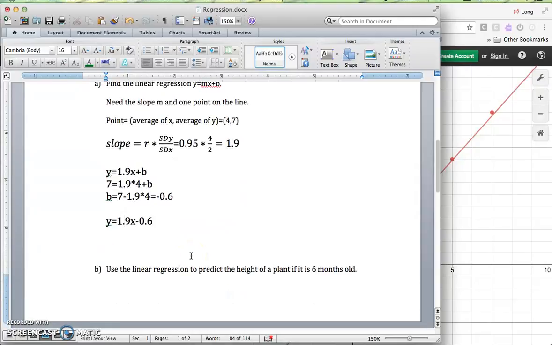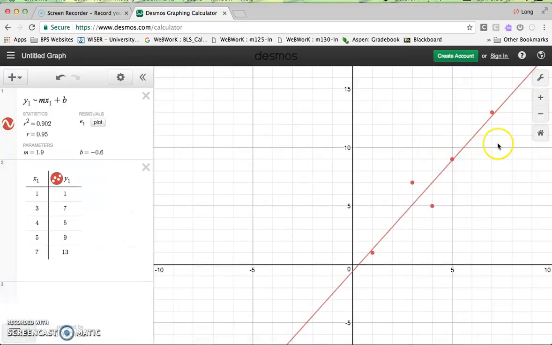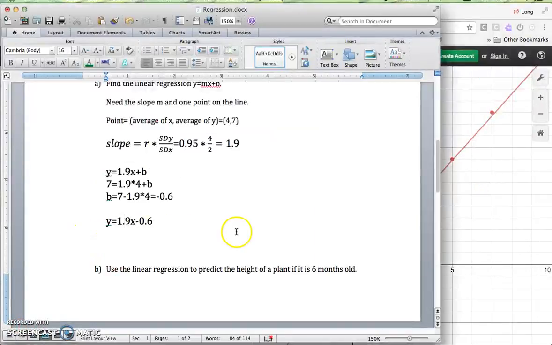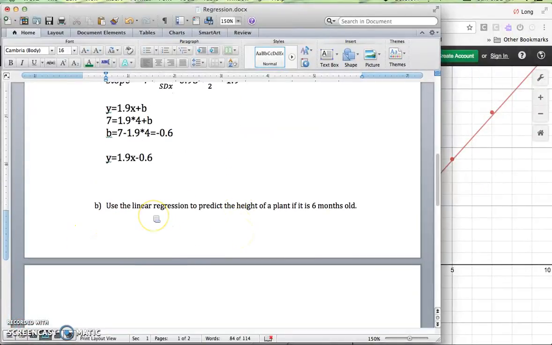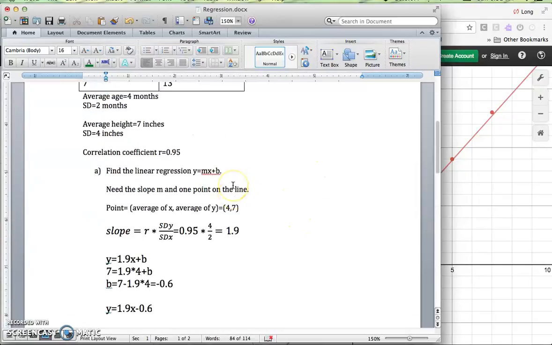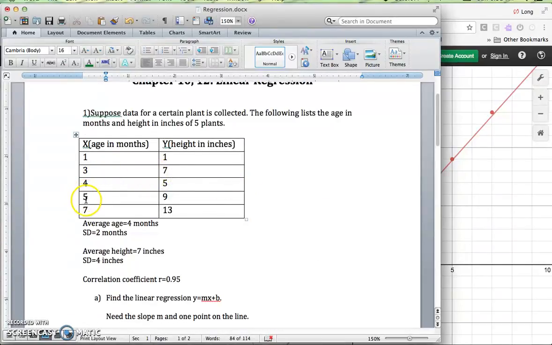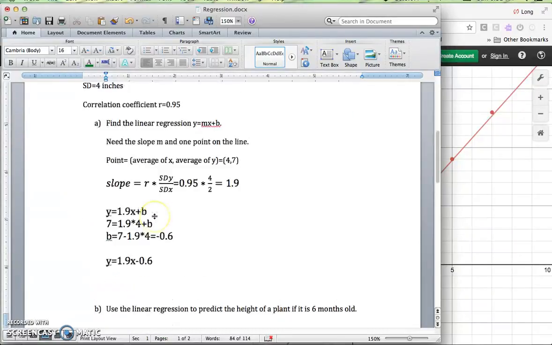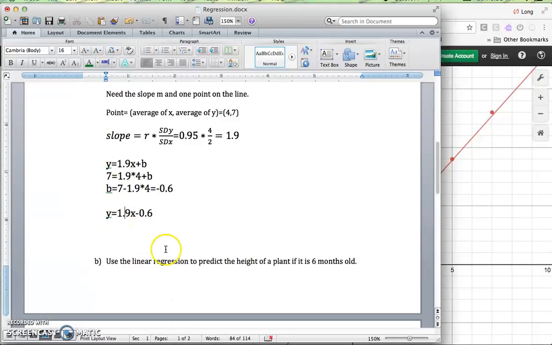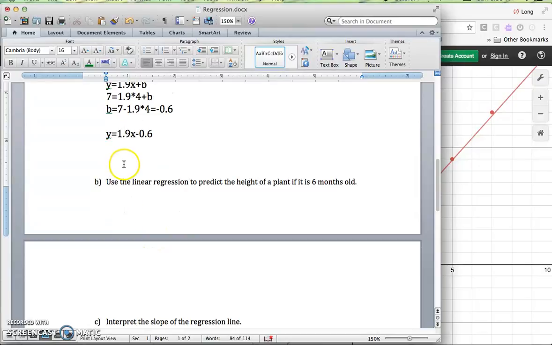For part B, we're going to use this linear regression, this line that best describes the data, to make a prediction. We want to predict the height of the plant if we know that the age is 6 months. We know x is 6, and we want to predict the height that corresponds to 6. Notice we don't have the data for 6. So we use this equation and plug in 6 for x.